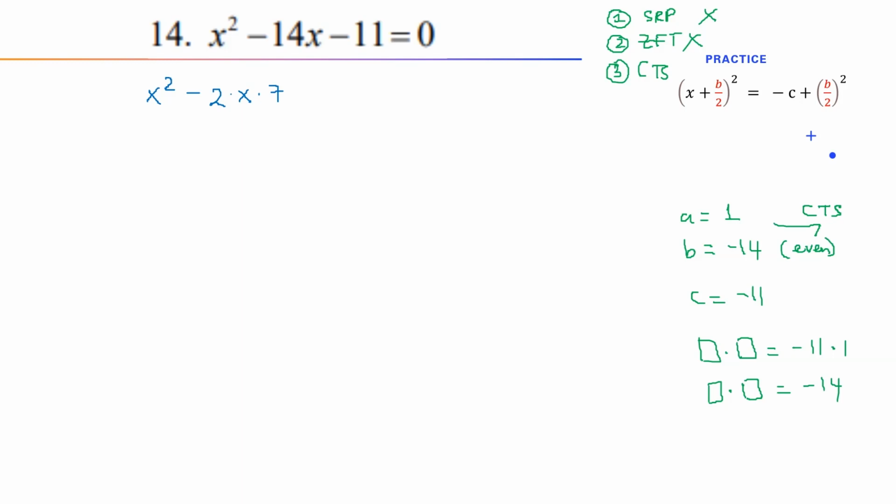Then minus 11 equals 0. What I need for completing the square here is adding 7 squared. Because I add 7 squared on that side, I have to add it on this side as well.